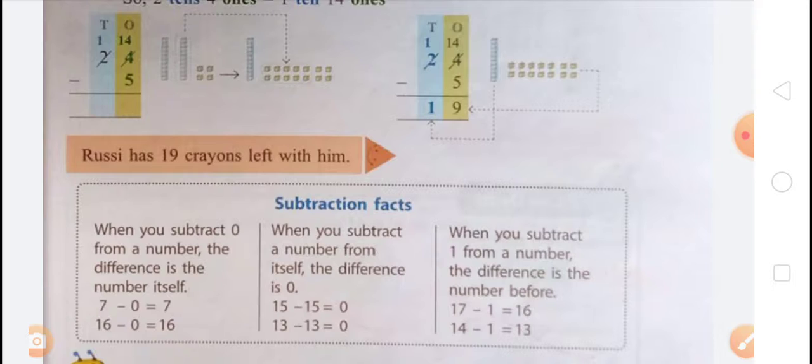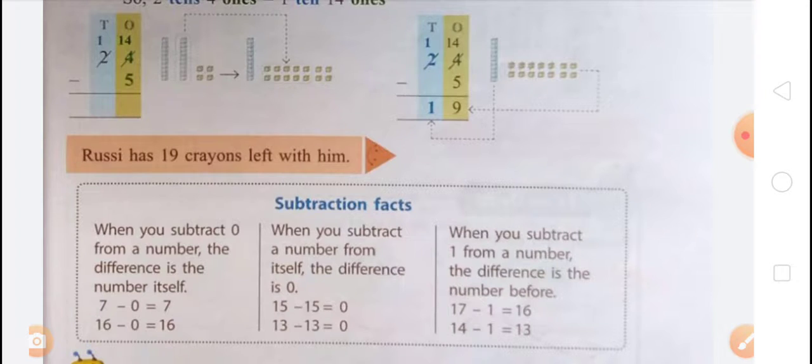Okay, and now the next subtraction fact: when you subtract 1 from a number, the difference is the number before. That means 17 minus 1 is equal to 16, and you know that 16 comes just before 17.